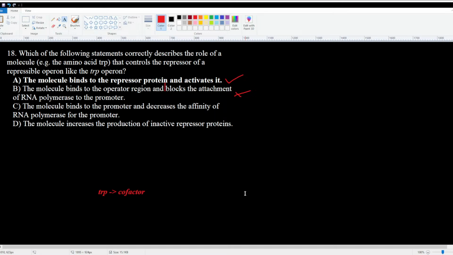And then D is saying the molecule increases the production of inactive repressor proteins. Well, that doesn't really make sense, because why would we increase the production of inactive repressor proteins? That doesn't really do anything. We're not repressing anything by doing that. We're just increasing the number of repressors, which isn't really doing much.